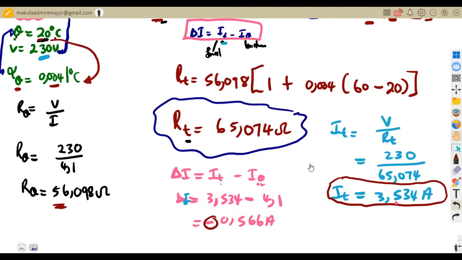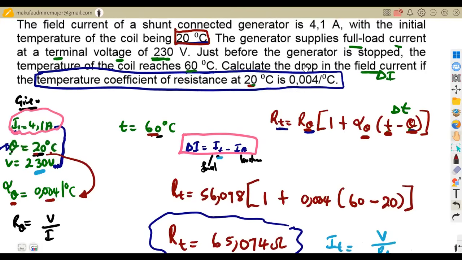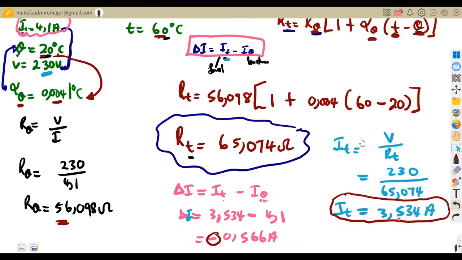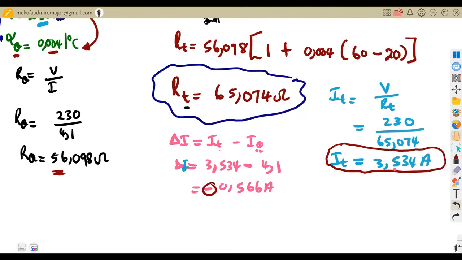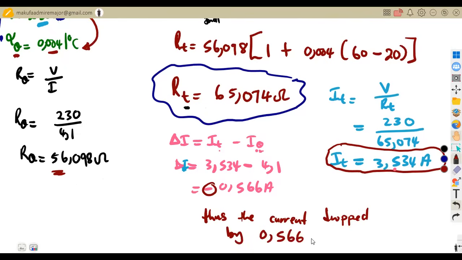All right, so the negative is simply showing us that there is a decrease, a drop. That is why our question is saying calculate the drop. If it is an increase, it is going to be positive. So this negative here is simply indicating a drop. Thus in conclusion, the current dropped by 0,566 amps.